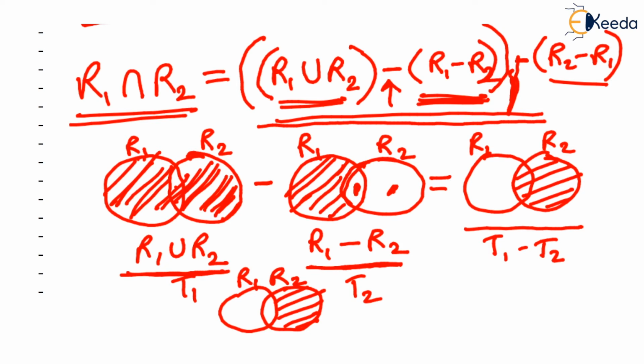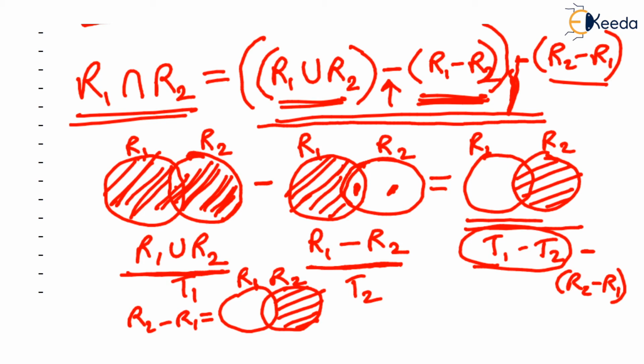This is R2 minus R1. And now we are finally doing T1 minus T2 subtracted with R2 minus R1. Just check, this result here is getting subtracted with this result.